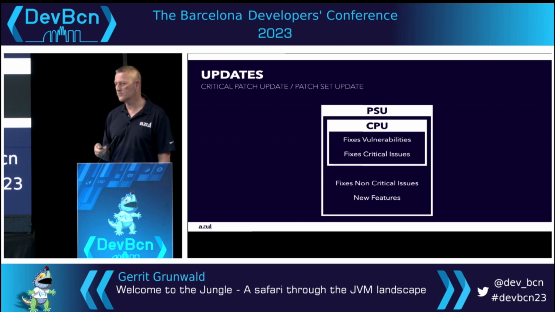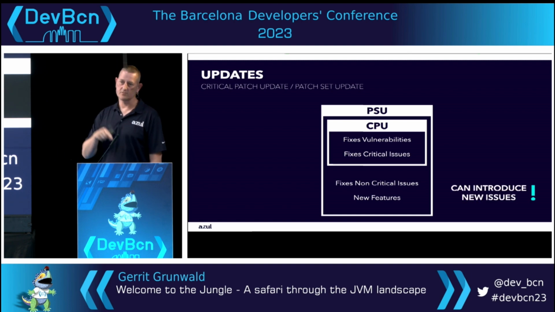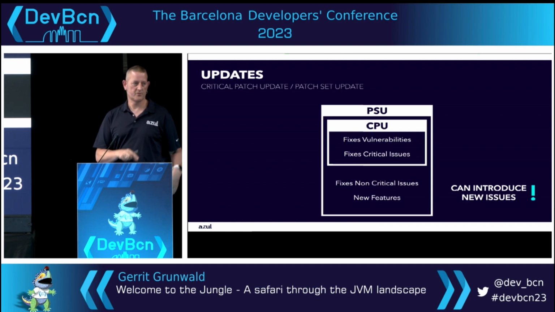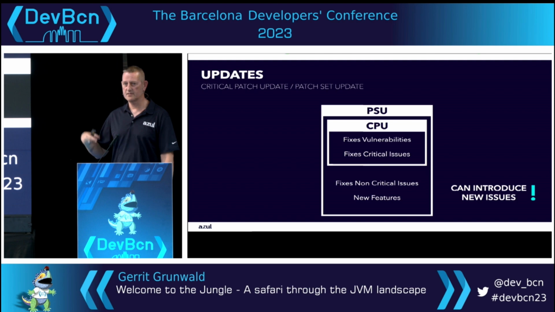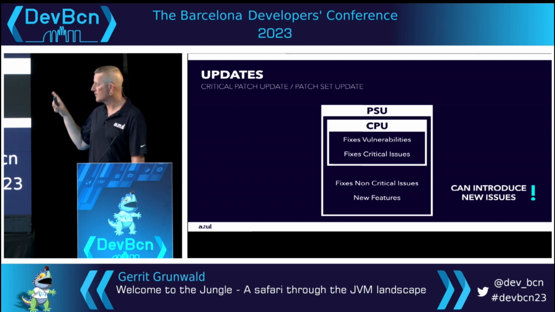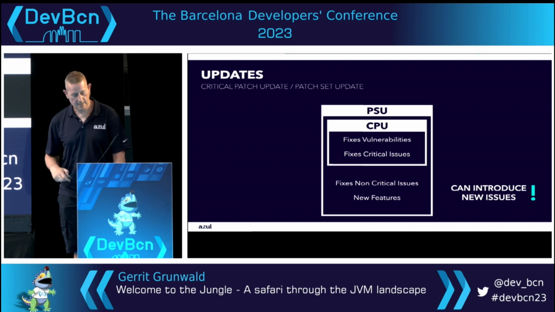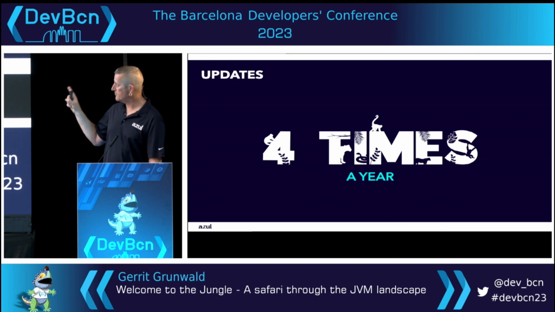And introducing new features can lead to new issues. Even though they test it before it is released, there might be an issue that nobody found, and then suddenly this issue happens in your production environment. It's not a good idea, right? That's the reason why we have CPU releases, and we get them 4 times a year.